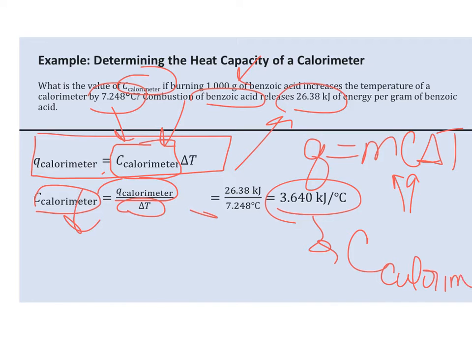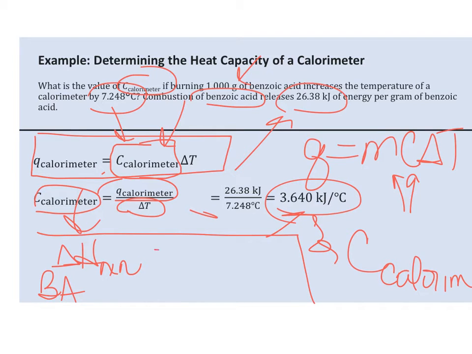Now, just as often, you will be given specific heat capacity of a certain bomb calorimeter. It varies depending on the setup of the calorimeter. And you will be asked to find, let's say, Q or delta H. So let's just go in the reverse direction. Let's assume that we knew this C value, and you were asked to find the delta H of reaction for combustion of benzoic acid.